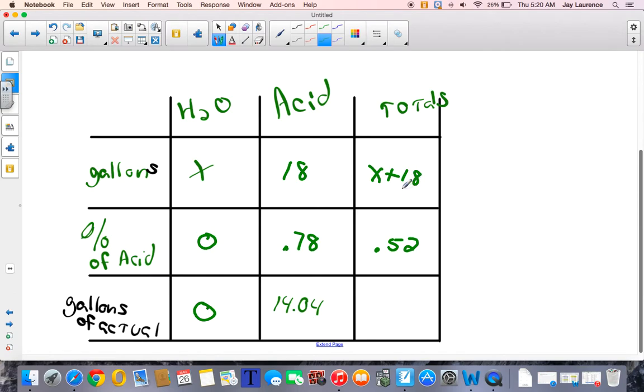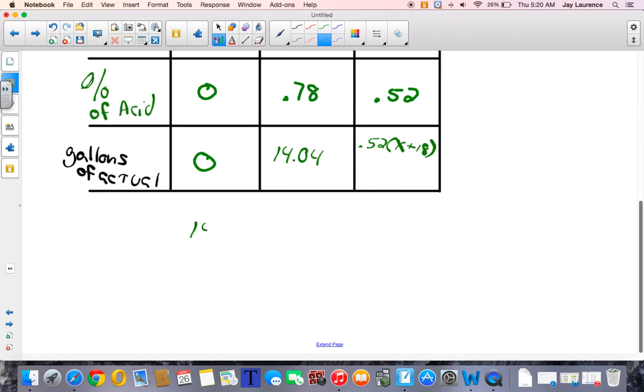Okay, so, you know, I said I wasn't going to use this x plus 18, but I think I'm going to because I'm going to take the gallons and multiply it by that. So I'm going to go 0.52 times x plus 18. And the nice thing is, notice how there's only one variable throughout the chart. My one equation is right here. It's just 14.04 gallons.